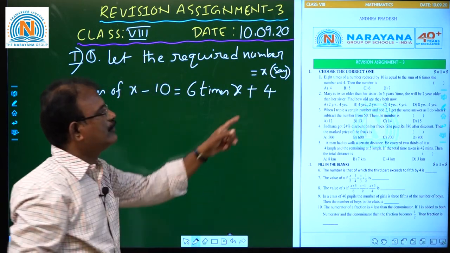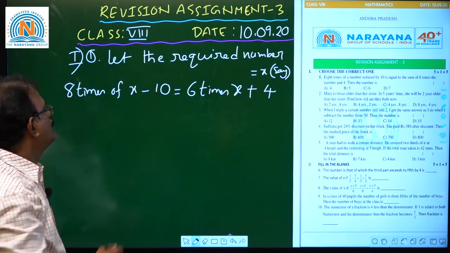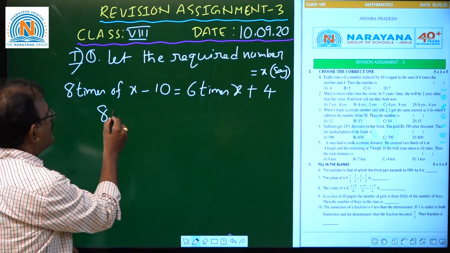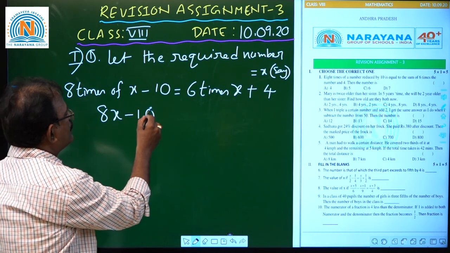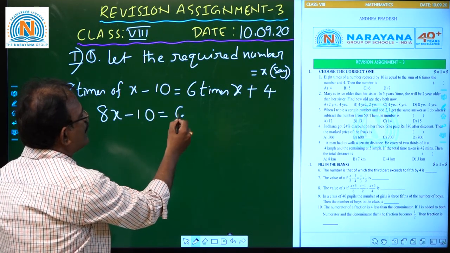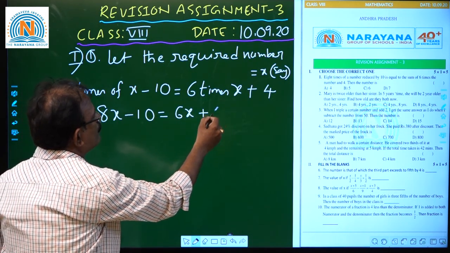Sum of, so the symbol of addition. So 8x minus 10 is equal to 6x plus 4.